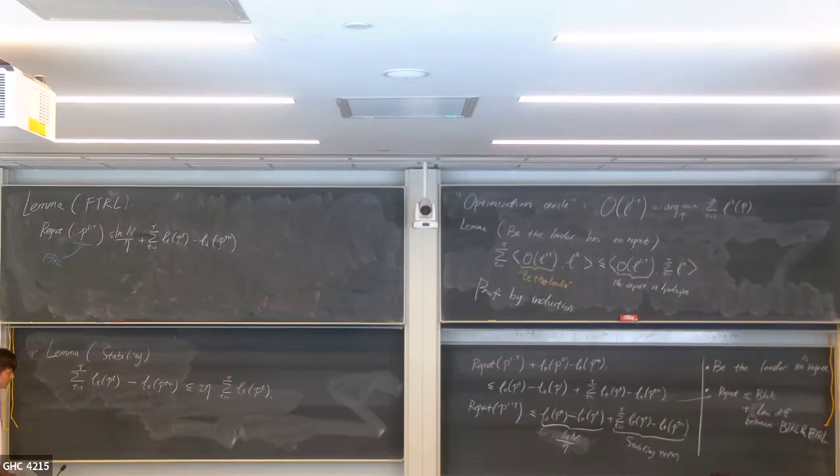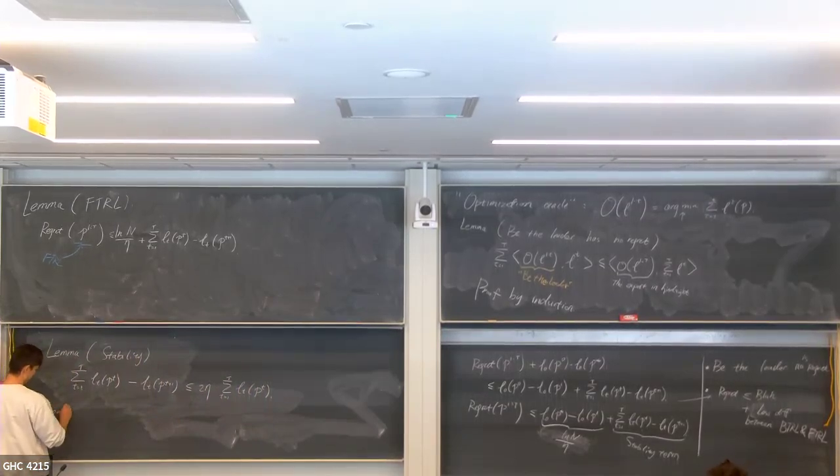This used to be e to the eta minus 1, but approximated by 2 eta.